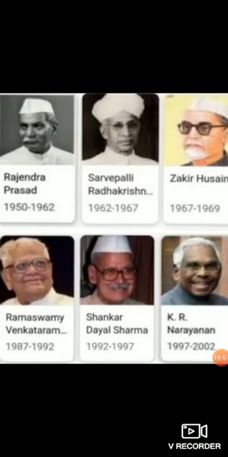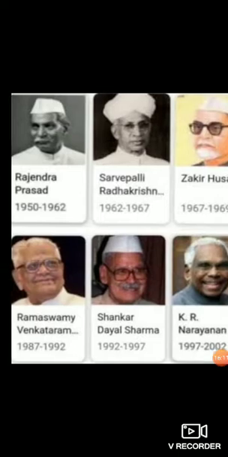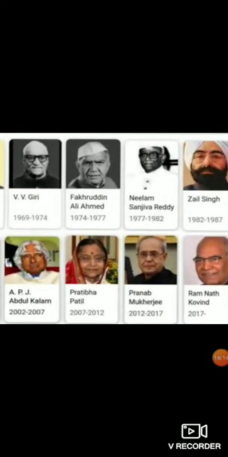Now, what is the role of the president? The president is the constitutional head of our country, and this is an image of the ex-presidents of our country. So they are the constitutional heads, and they are supposed to take care that the constitution is followed. The laws of the constitution are followed.